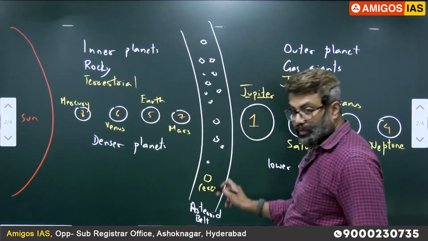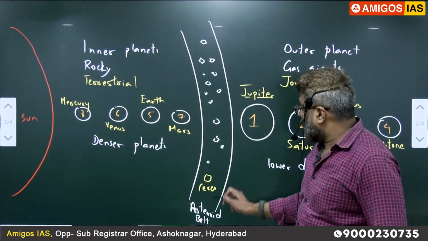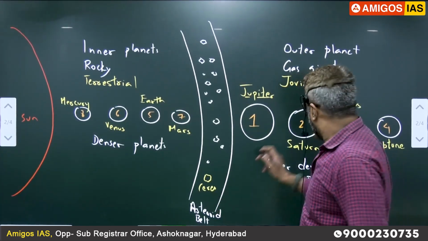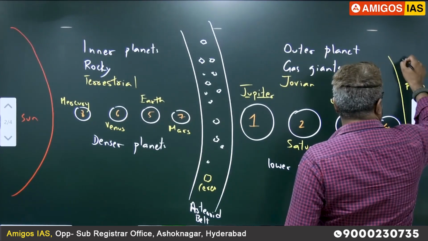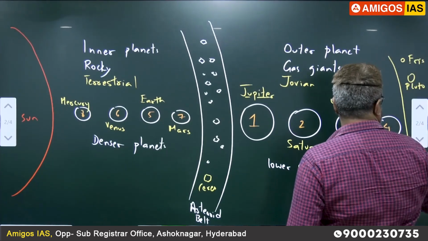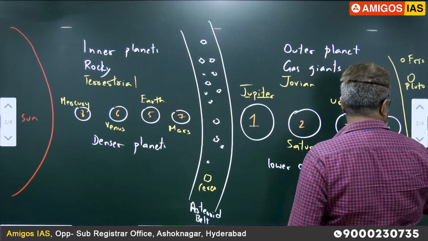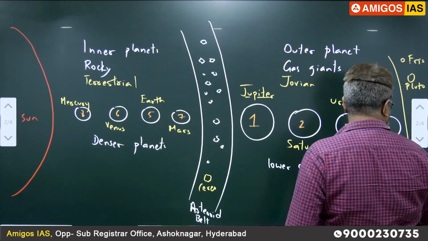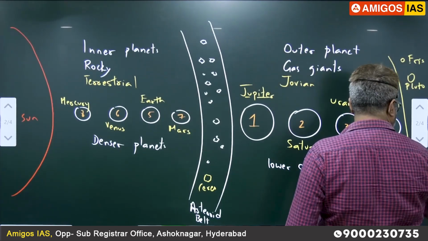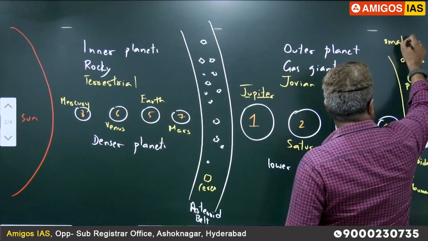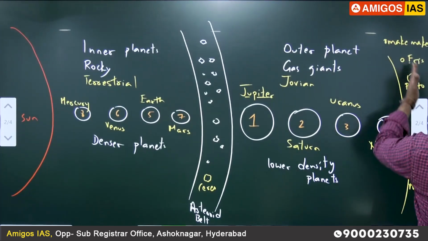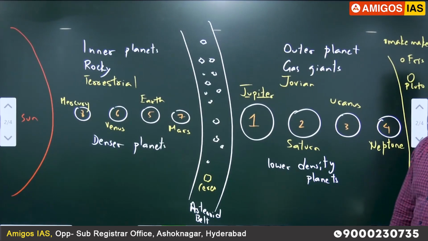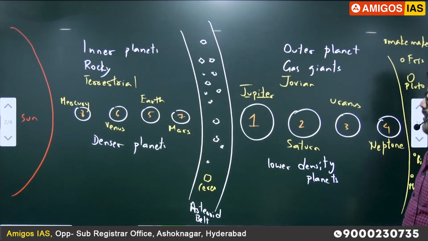Ceres is an asteroid, located in the asteroid belt, whereas the rest of them, Pluto, Eris, Makemake, Haumea, are here right after Neptune. Ceres is the largest asteroid in the solar system.